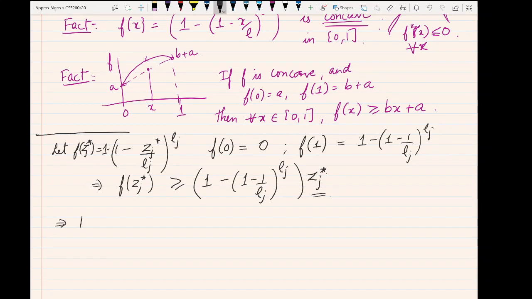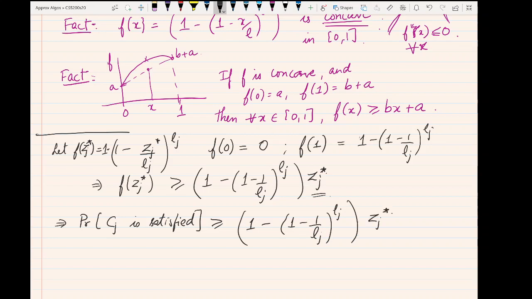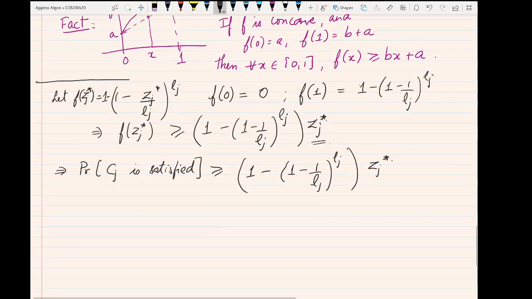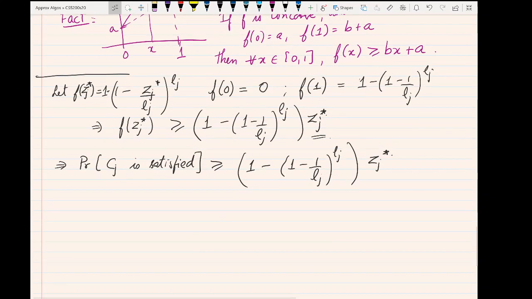What this implies is that the probability that Cj is satisfied by a random assignment is greater than or equal to 1 minus (1 minus 1 over Lj) whole raised to Lj times zj star. Okay. Now we can introduce new random variables and compute the expected number of clauses satisfied.